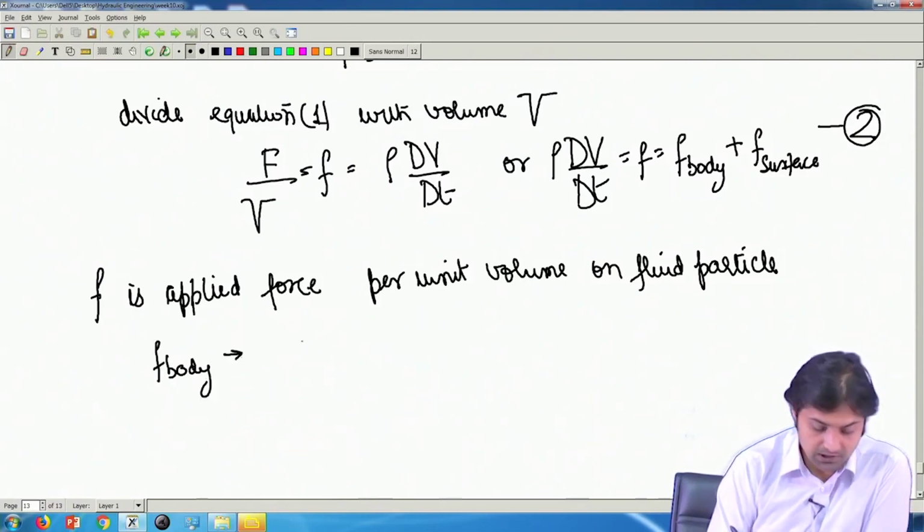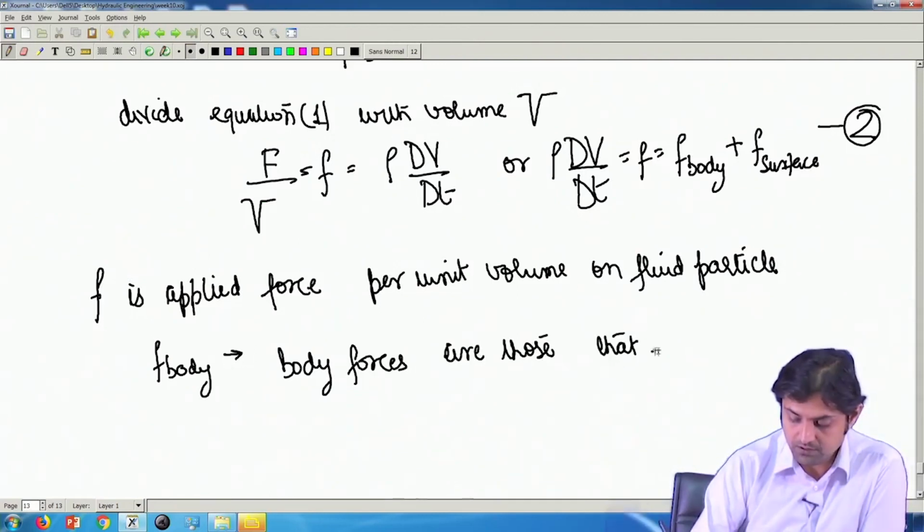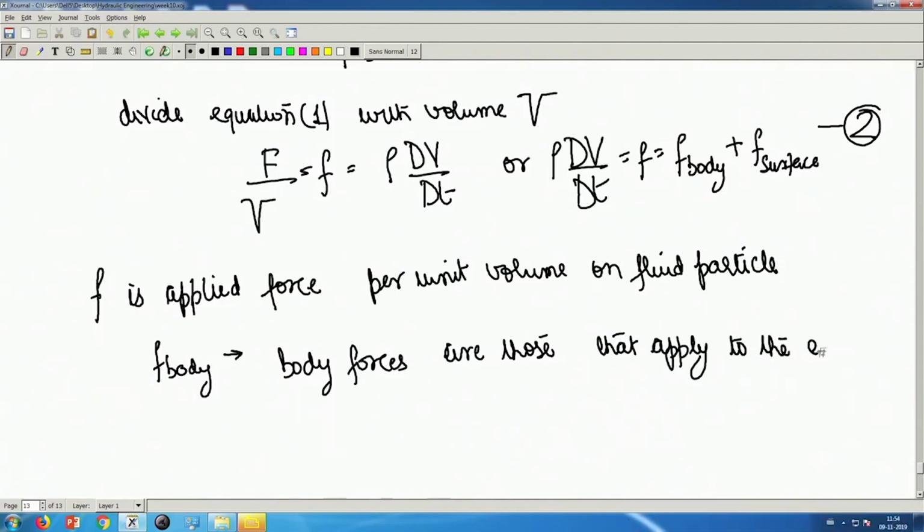So F body, so basically this is body force. So body forces are those that apply to the entire mass of the fluid element.